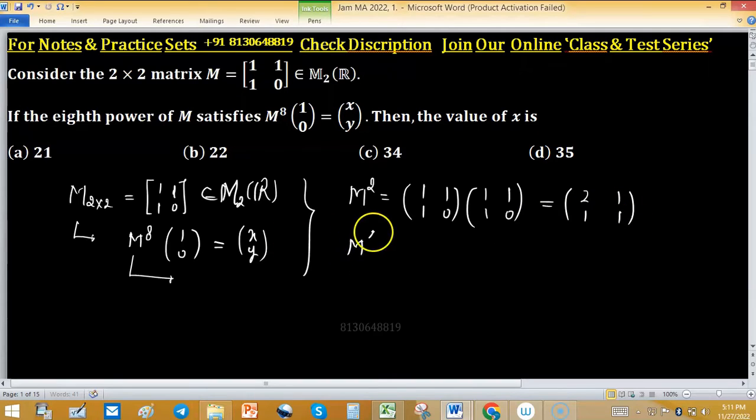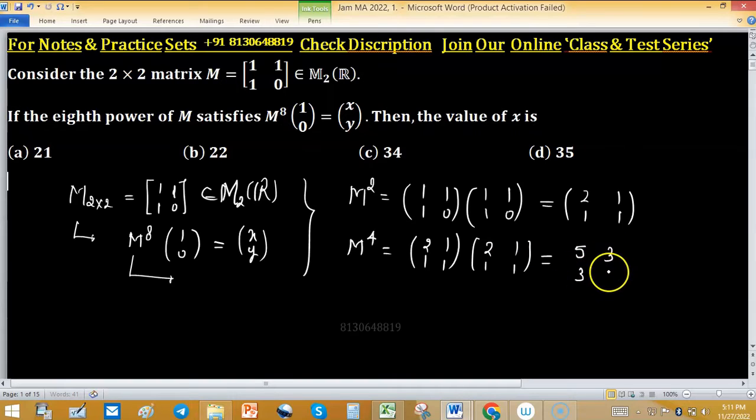Now M raised to the power 4 is obtained by multiplying this matrix with itself. So this value is 2 times 2 is 4 plus 1, 5; 2 plus 1, 3; this is 3 and 2, not 1 2.